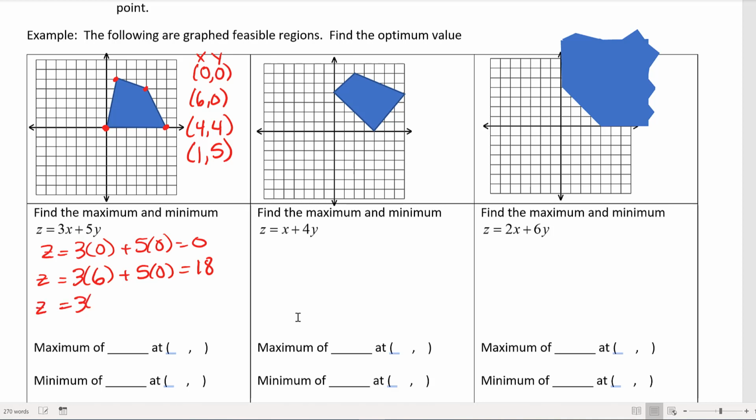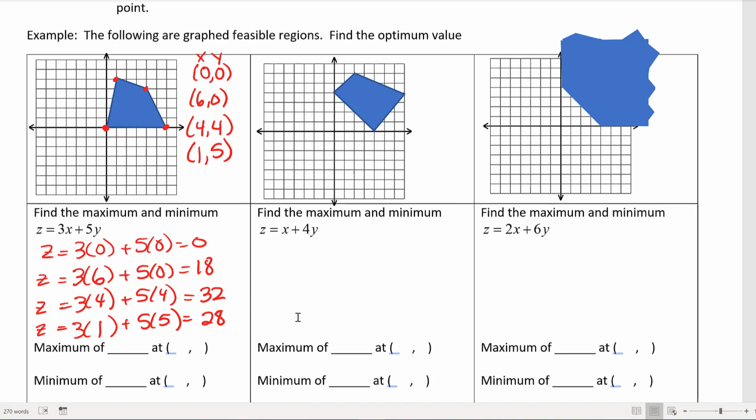Z equals 3 times 4 plus 5 times 4. 3 times 4 is 12, 5 times 4 is 20, and 20 plus 12 is 32. And then the last one, 3 times 1 plus 5 times 5. 5 times 5 is 25, 3 times 1 is 3, and 3 plus 25 is 28.